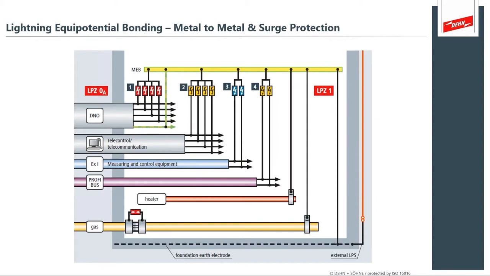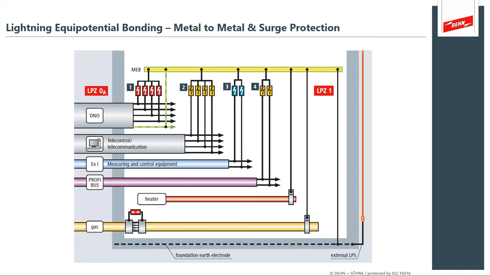So I want to start with lightning equipotential bonding. This is a really great illustration that describes both metal-to-metal bonding and surge protection. These are the aspects of lightning equipotential bonding. The idea is to create a single potential across your site, across your structure, and the purpose is to prevent differences in potential, which will cause ground potential rise to drive currents.